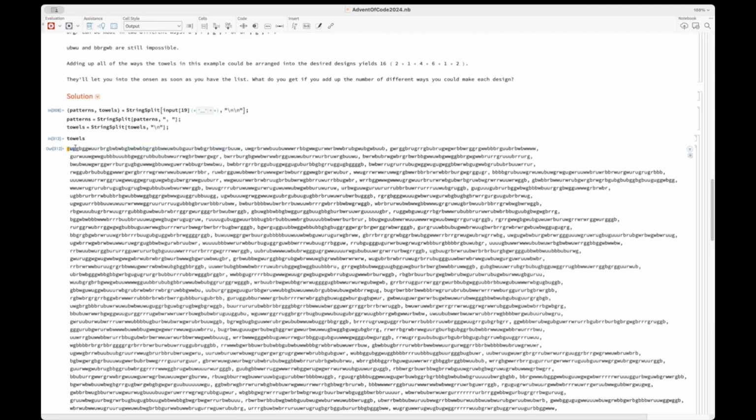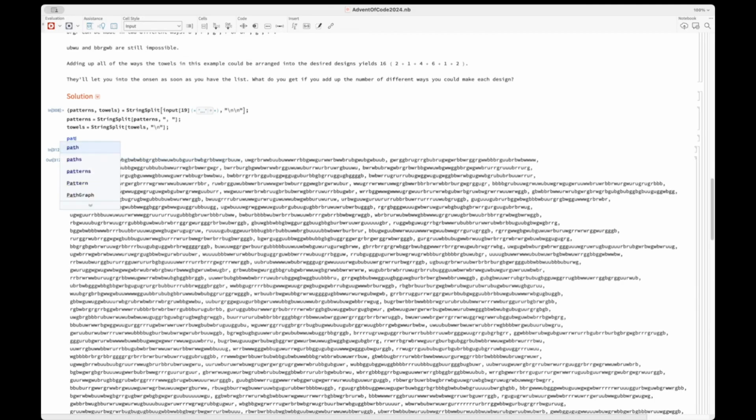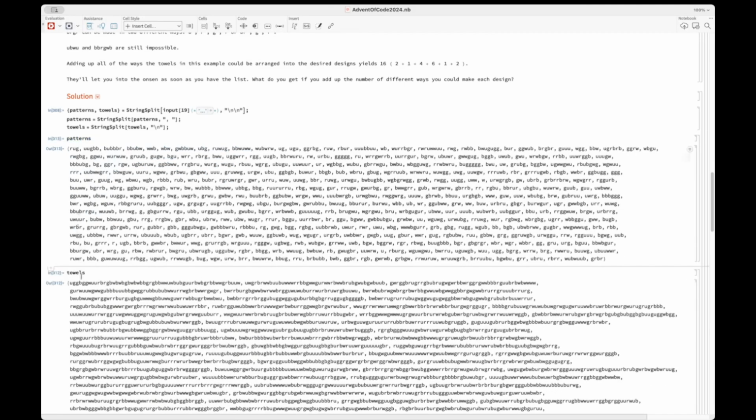Basically, in order to construct this towel out of the available patterns that you are given, you just have to stitch them together, right? You have to find a pattern like this, or like this, and then the next one, and the next one.